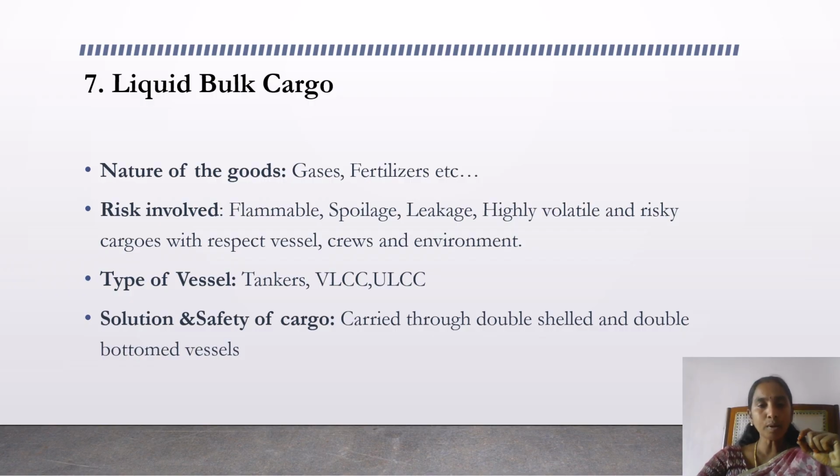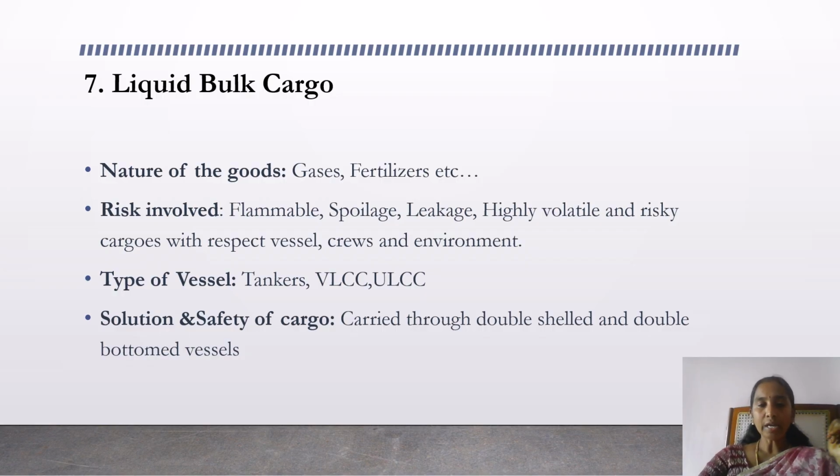And what is this ULCC and VLCC? This is again the same tankers only, but according to their capacity of carrying, we call them VLCC, that is very large crude carriers, and ULCC, ultra large crude carriers. So based on the capacities, we divide them as VLCC and ULCC.